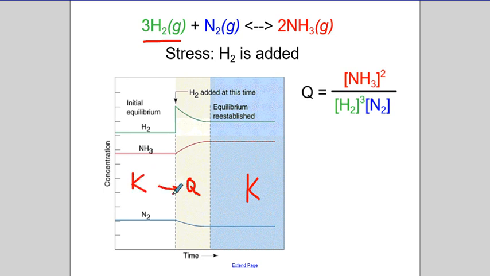We get stressed to a Q value, and then that Q value over time goes back to being a K value. You'll notice that this new K, the lines here don't match up to where it was before. So these values here are not the same as they were over here, but all together, these values still equal this value.